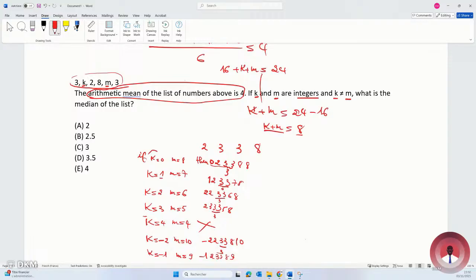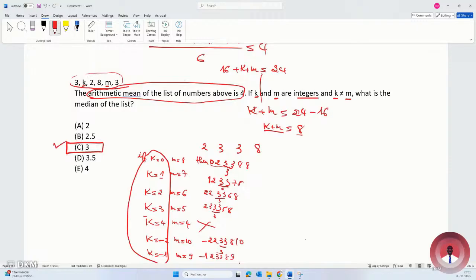And also note that we have done it for k, but if we had to inverse, like instead of this being k, we put it as being m, and instead of it being m, we put it as being k, we will still have the same result. So the median will always be equal to 3.